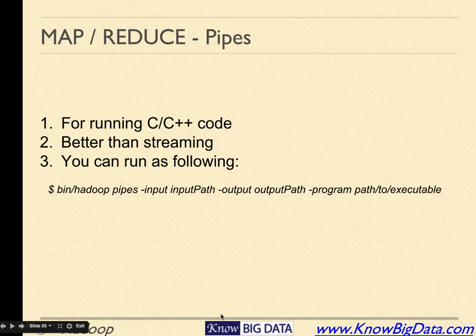When you have to run C++ code, running it through pipes is a very useful, very fast and better way of executing C programs. You can run your job like this: hadoop pipes, input this, output this, and program name is this. That is how pipes work.